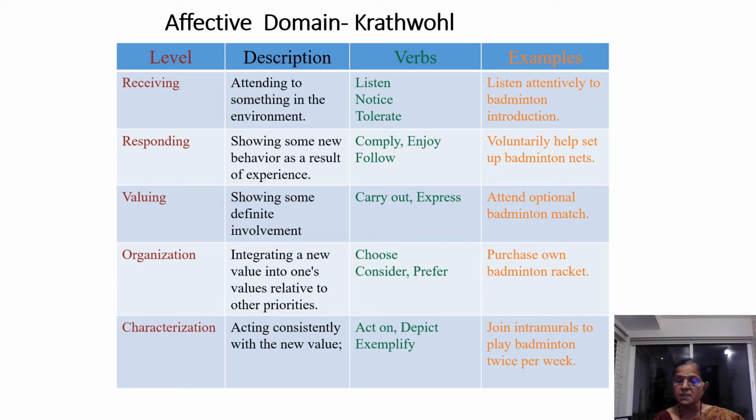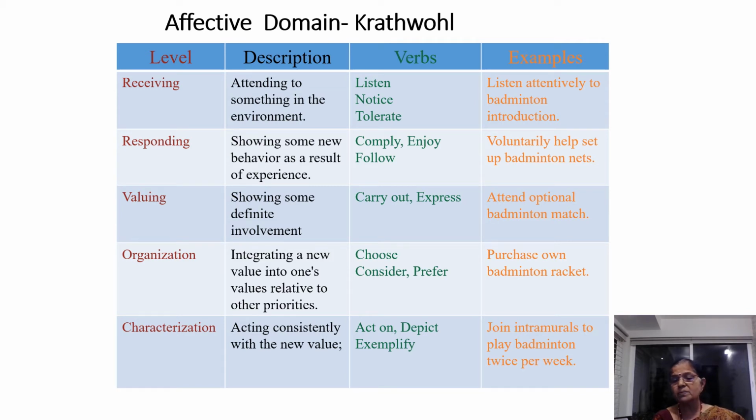And then comes the next level, organization. You are integrating this new value. What is the new value here? Your interest in badminton. It may be listening to music or it may be some other skill. So here we are giving just one example of developing interest, not playing badminton.